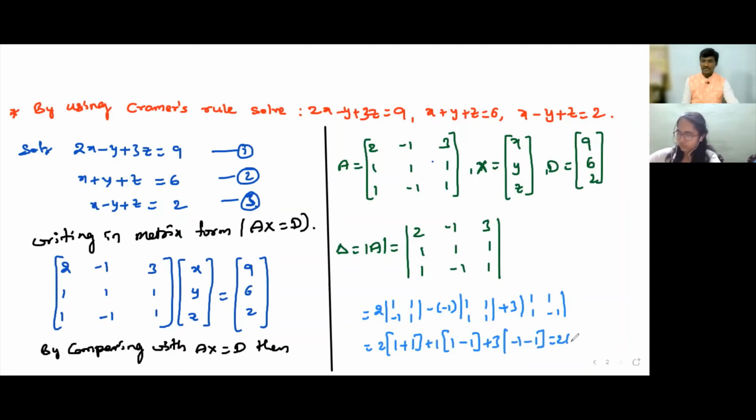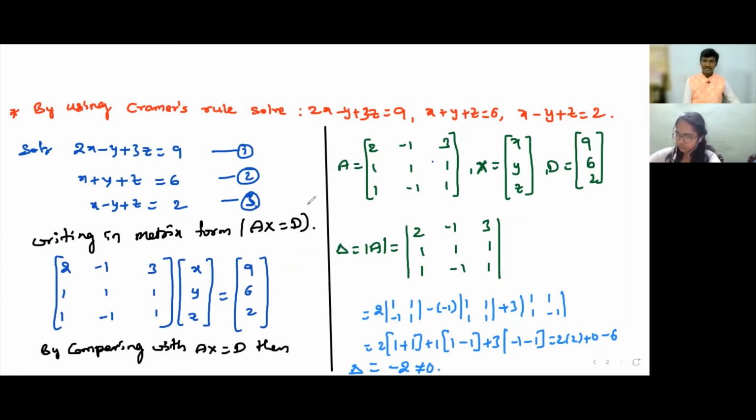So finally we get 2 into 2 plus this is 1 minus 1, 0, 0 into something is 0, plus 3 into minus 2. So that is minus 6. Minus 6 plus 4, what is the value? That is minus 2. Is it 0 or not? It is not equal to 0. So the value of delta is not equal to 0.